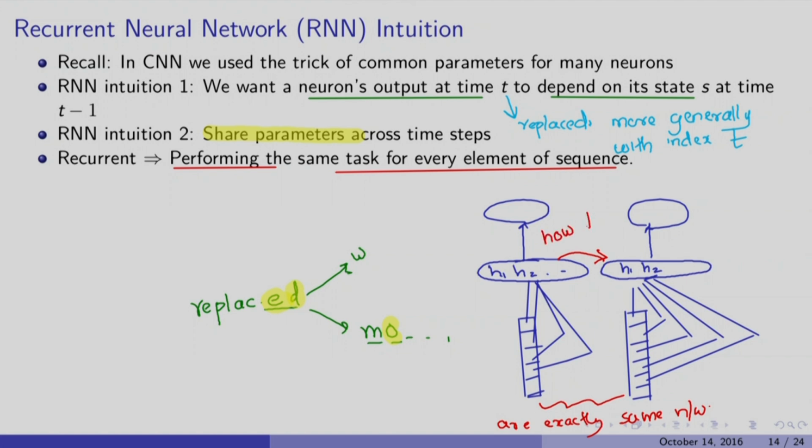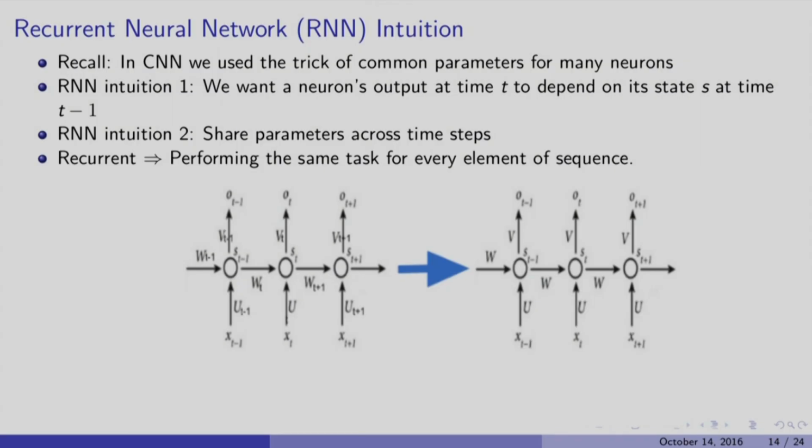So question is how to encode this dependence. Well, one could do this as follows. One could associate weights for transition from a particular state st minus 1 of a perceptron to another state st of the same perceptron. So again what you see here are the same perceptron, the same network, but at different time steps.